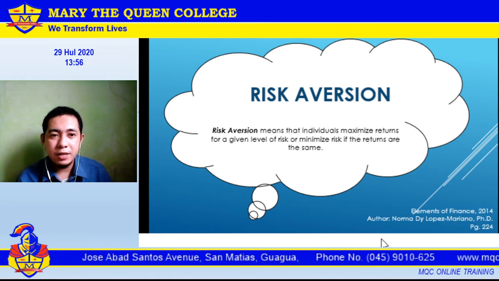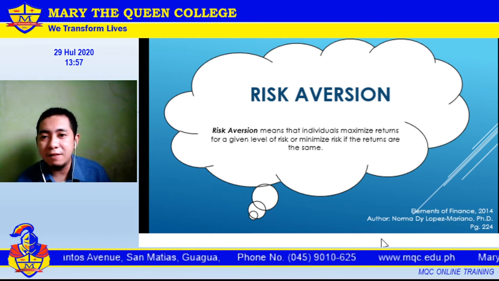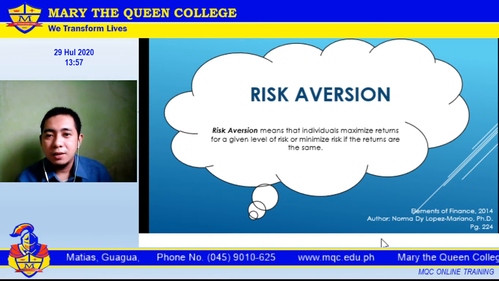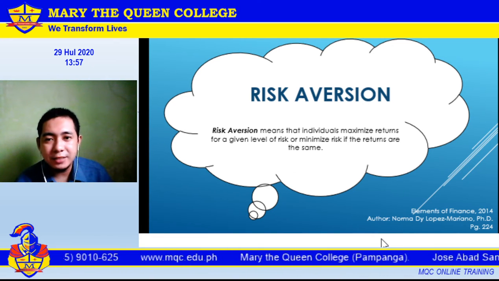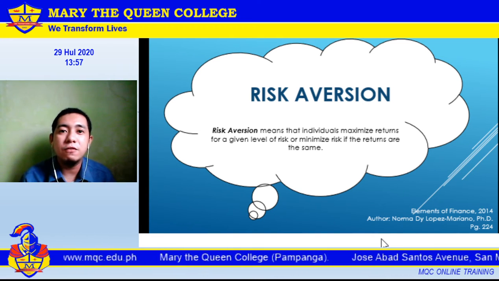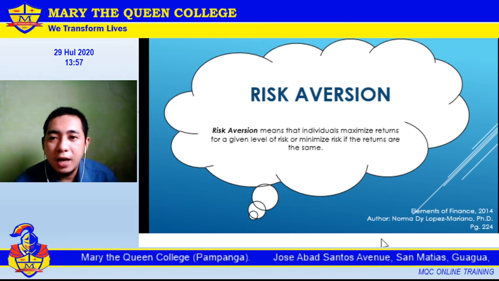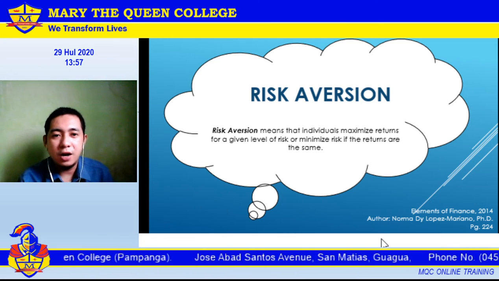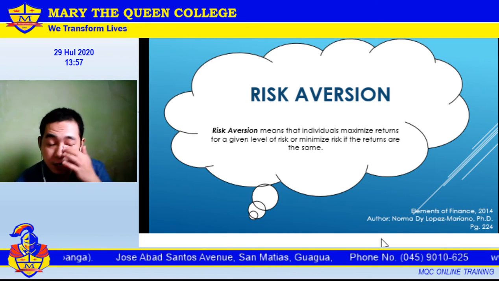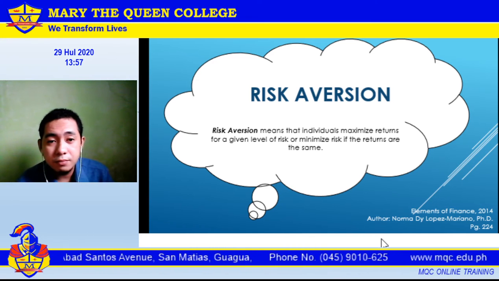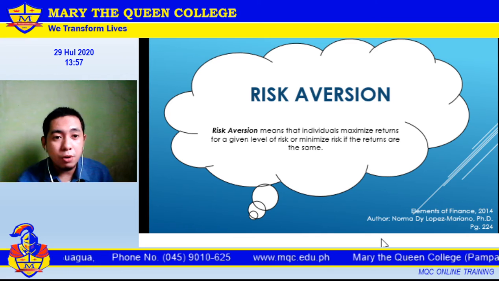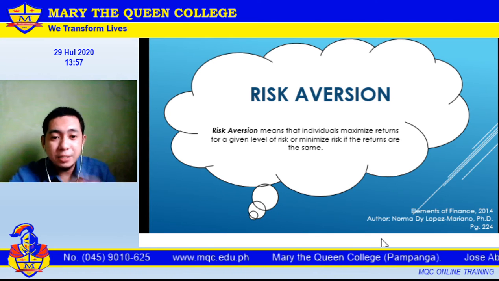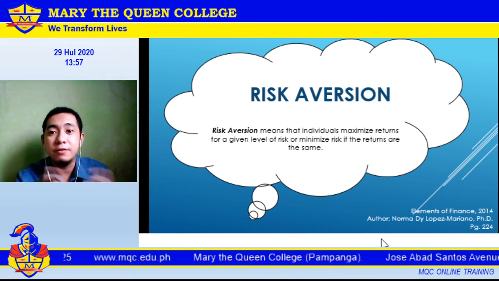Now, there's what you call risk aversion. As a financial manager, risks are inevitable. But risk aversion means that individuals try to maximize returns for a given level of risk, if the returns are the same. So you are able to profit more, or maximize the profits within that given risk.